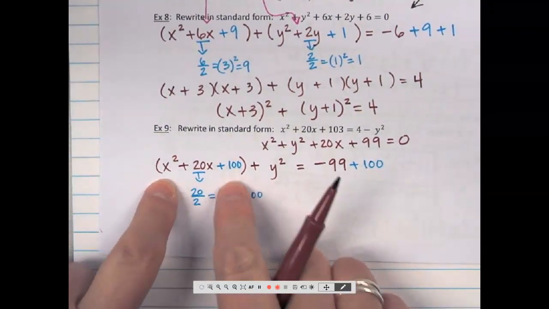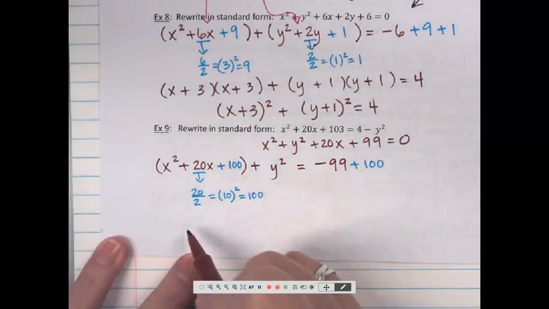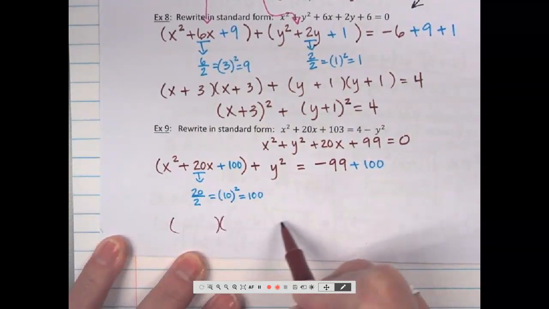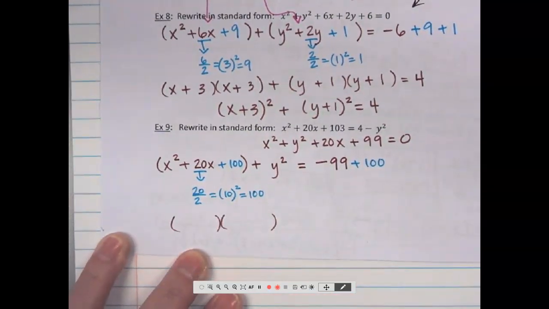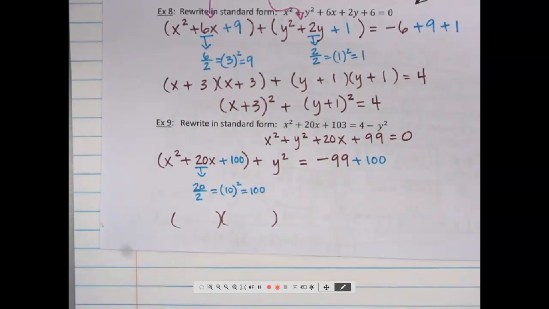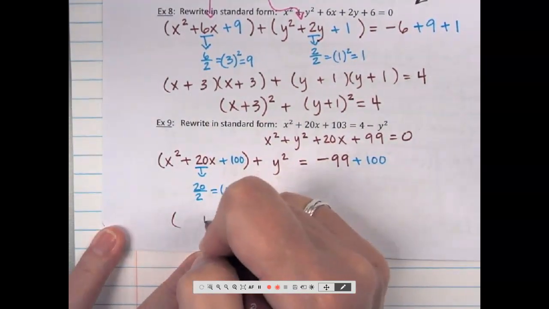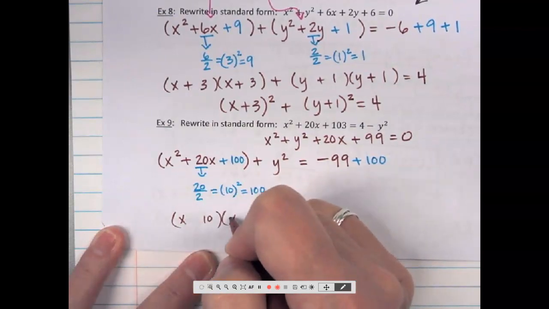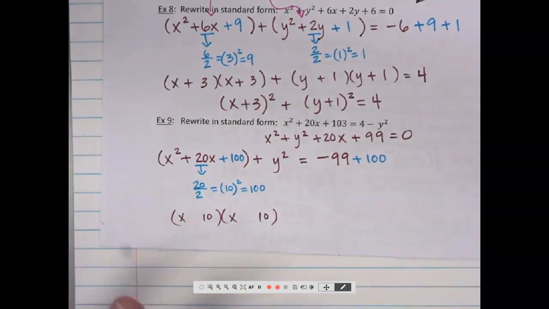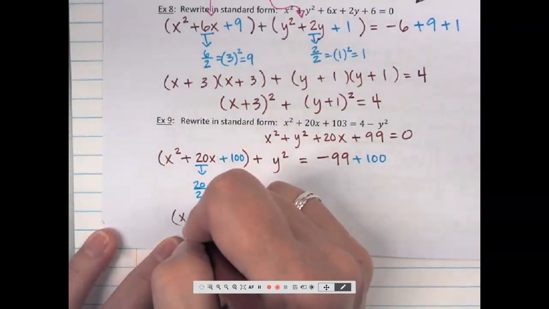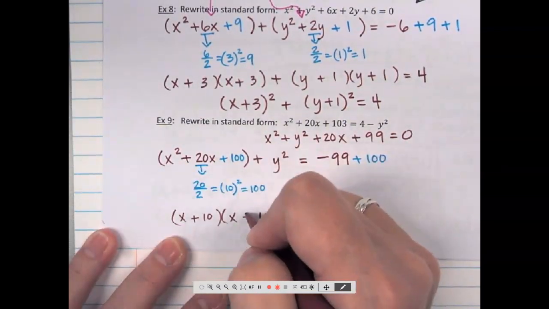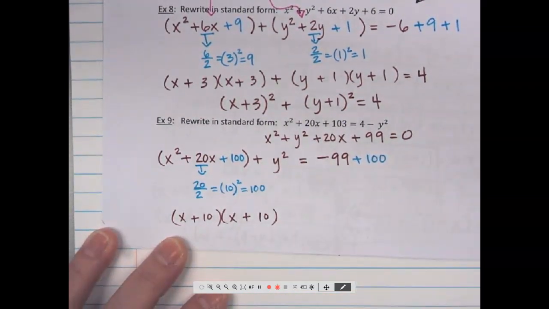Okay, look at x squared plus 20x plus 100. What are my factors? 10 and x, right? So x plus 10 or minus 10, what do I need there? Pluses. Because I want to get a positive 20 when I FOIL or distribute it out.